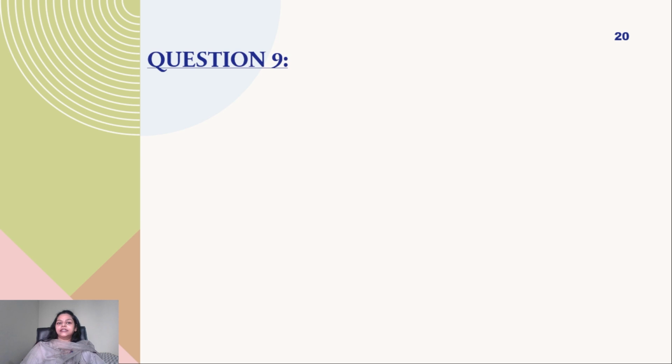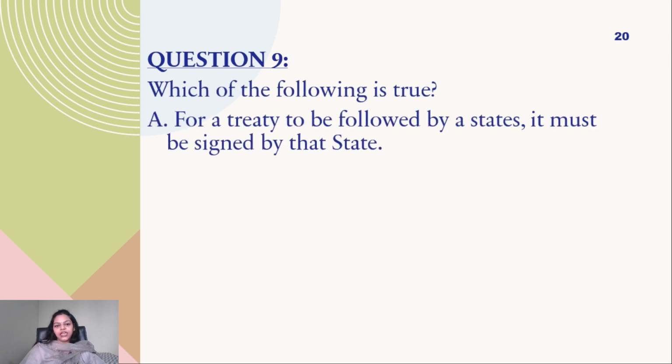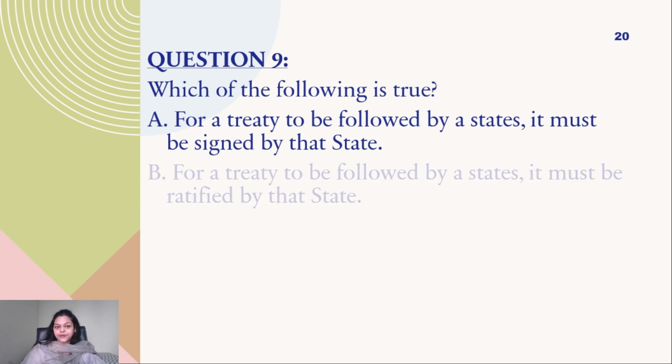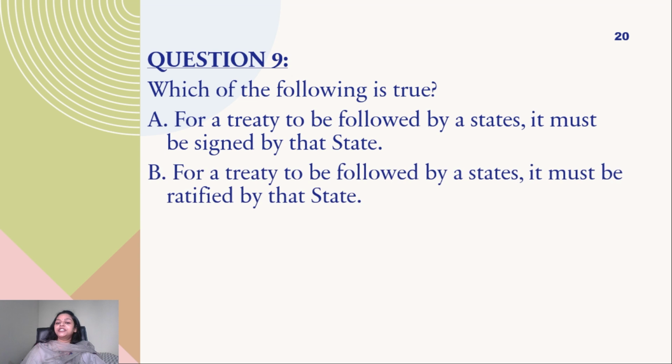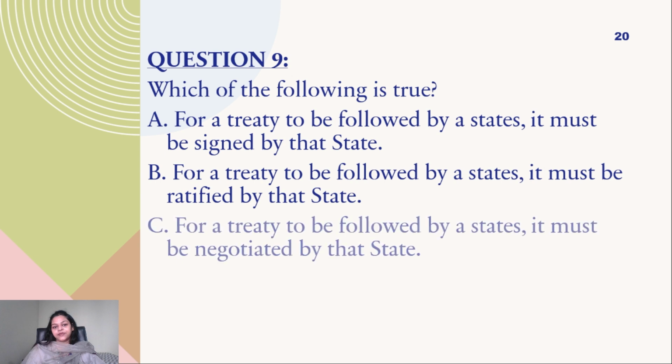Question number 9. It reads, which of the following is true? A. For a treaty to be followed by states, it must be signed by that state. B. For a treaty to be followed by states, it must be ratified by that state. C. For a treaty to be followed by states, it must be negotiated by that state.